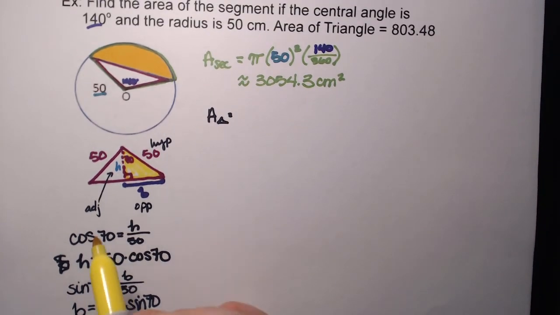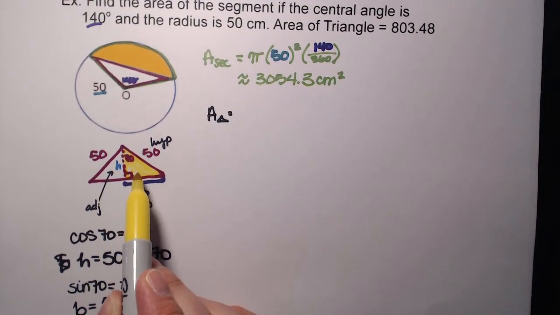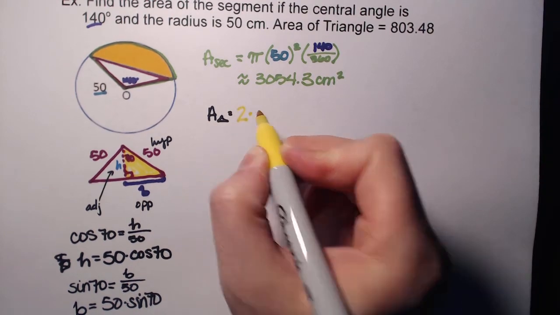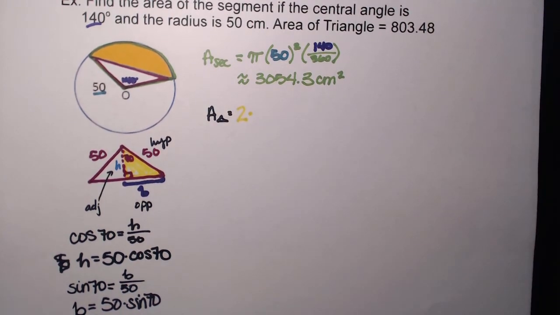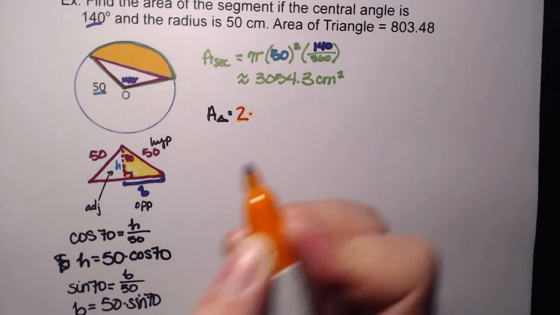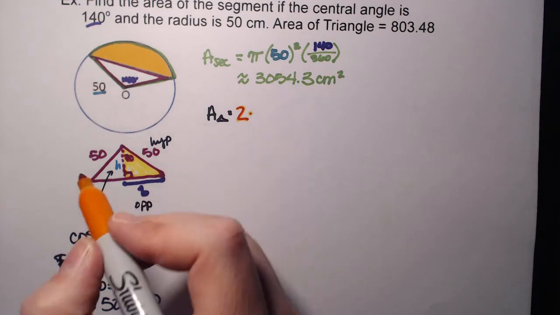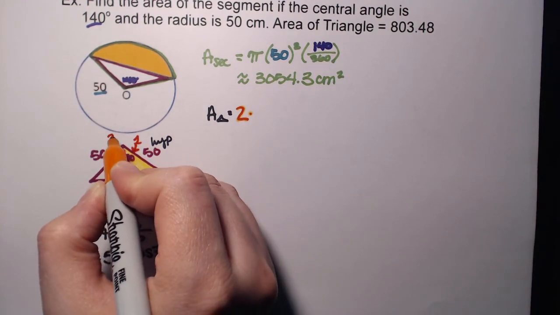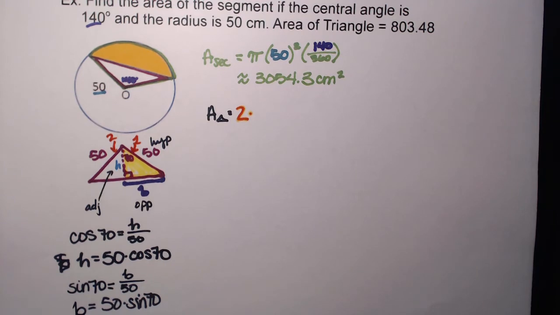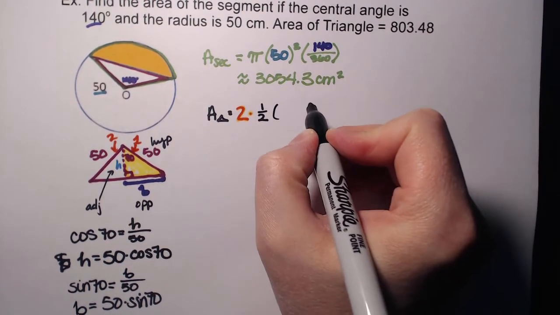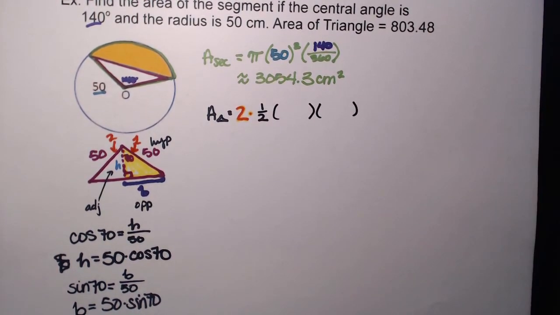Now keep in mind that this is only half of it. So I'm going to multiply by 2. See if you can see that a little bit better. We're going to multiply by 2 because there's 2 of them. And then it's 1/2 base times height.